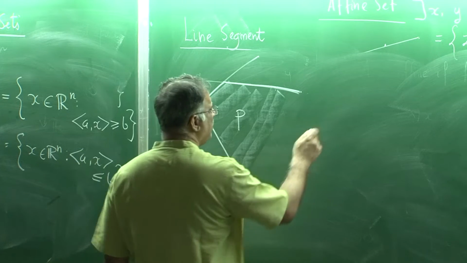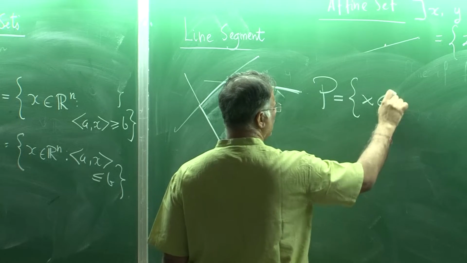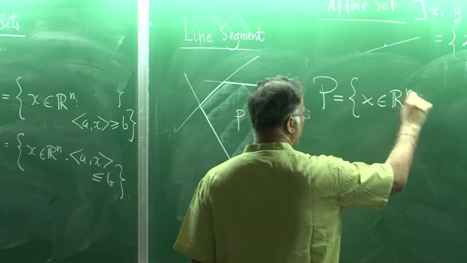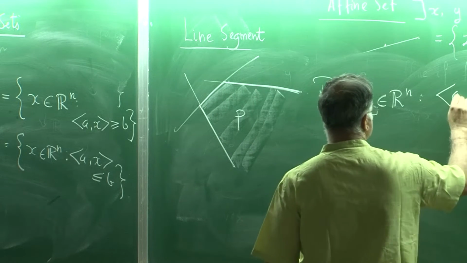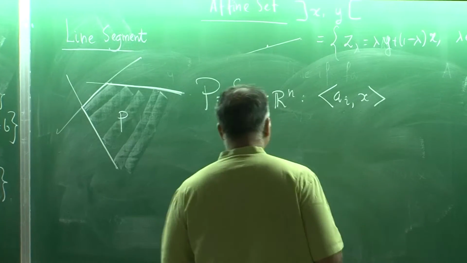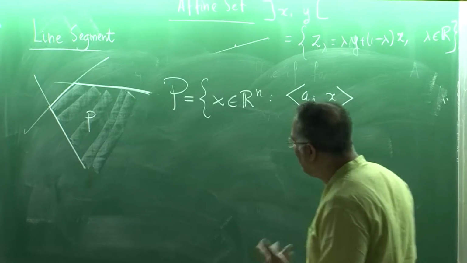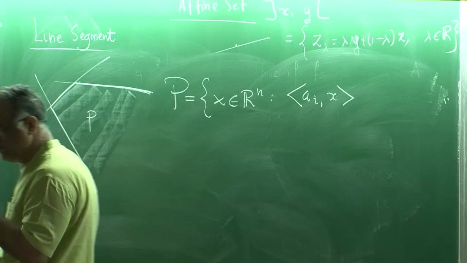So, polyhedral set P is usually represented as x element for those x in Rn for which the following is satisfied: Ai x, so we are looking for a finite number of half spaces. So, polyhedral sets are intersection of a finite number of half spaces.